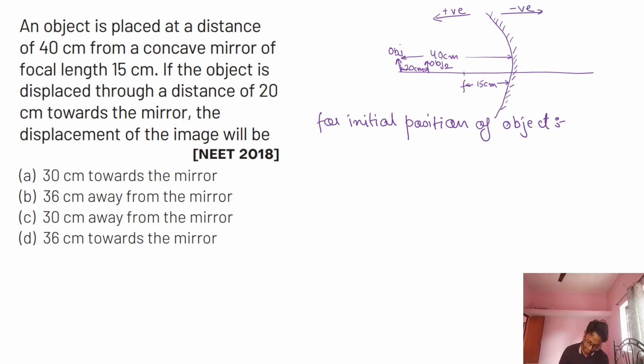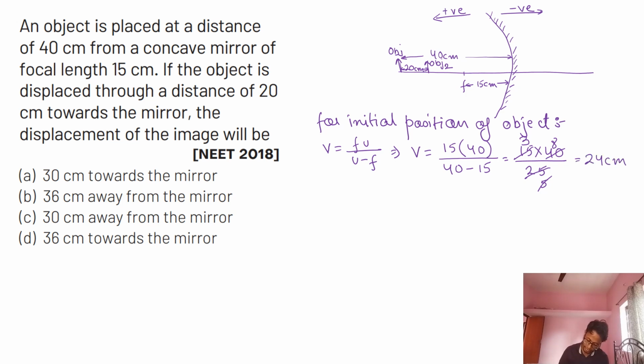So v, or image, is equal to fu by u minus f, so the initial position of image is equal to 15 into the position of object, 40, divided by 40 minus 15, or 15 into 40 divided by 25. 40 minus 15 is 25. 5 threes are 15, 5 eights are 40, so it is equal to 24 centimeter. So our initial position of the image is 24 centimeter.